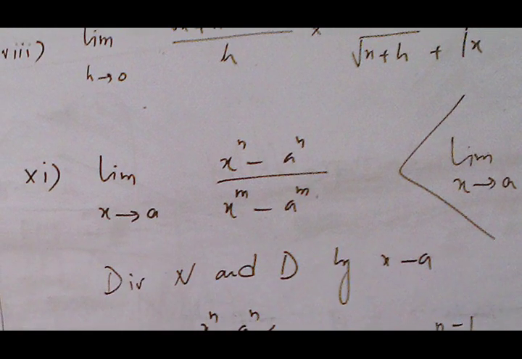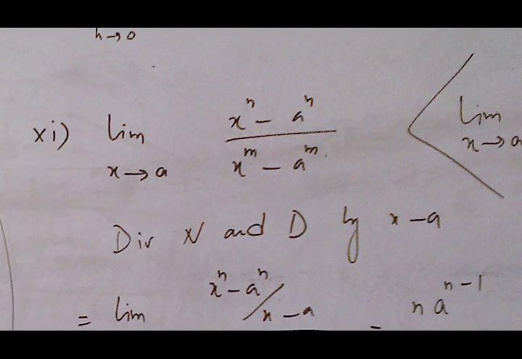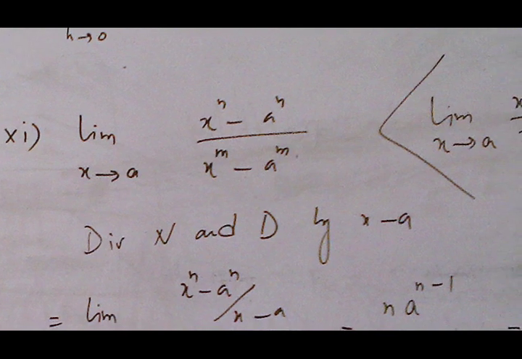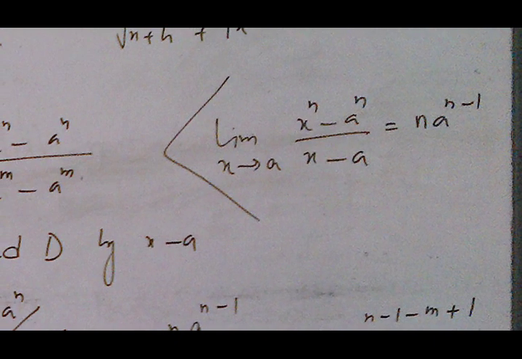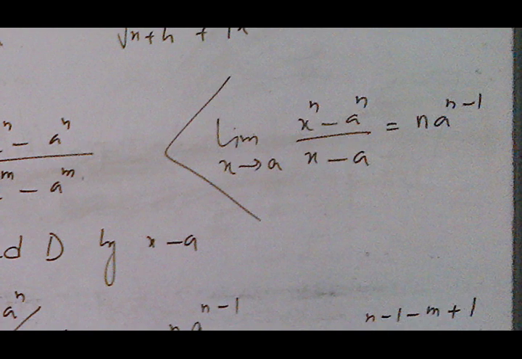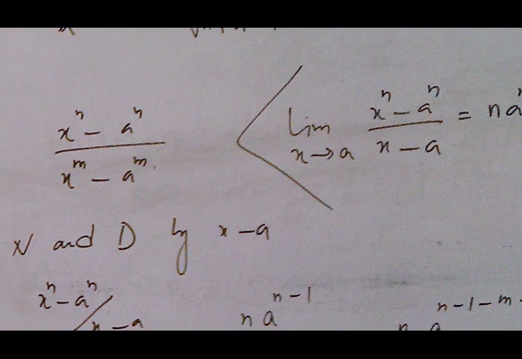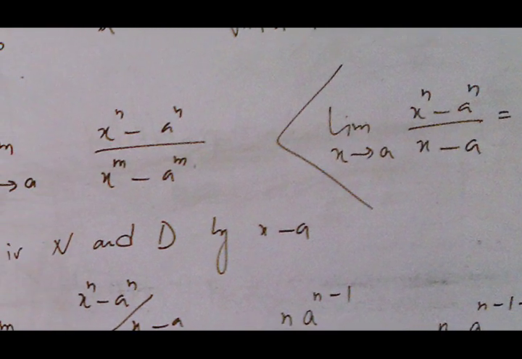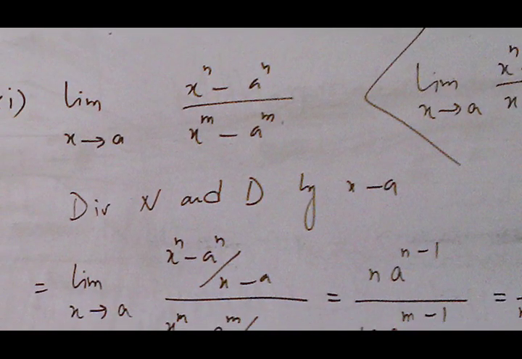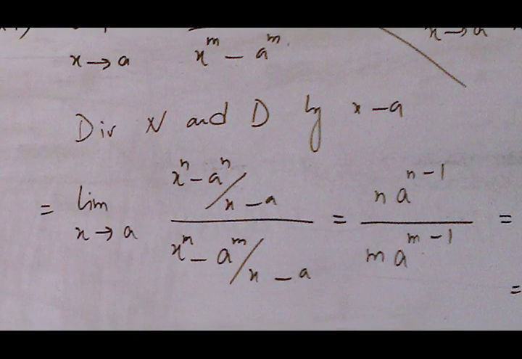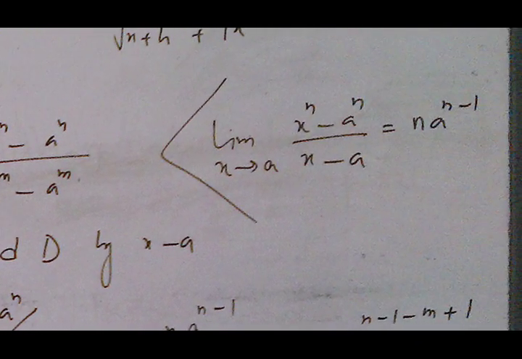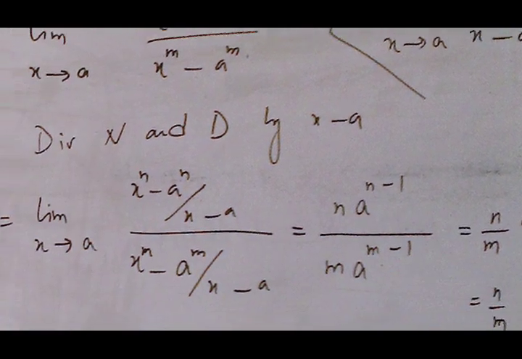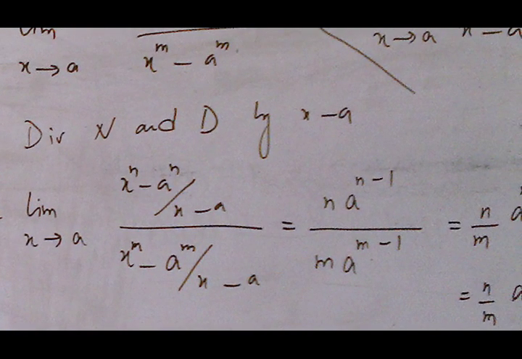In this part we use the formula we proved in the examples, which is the limit of x raised to power n minus a raised to power n over x minus a, is equal to n a raised to n minus 1. We divide numerator and denominator by x minus a, and now the numerator and denominator are the same as this formula, so we apply the result.